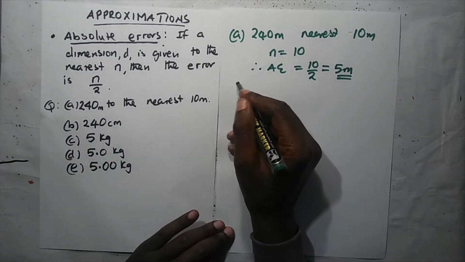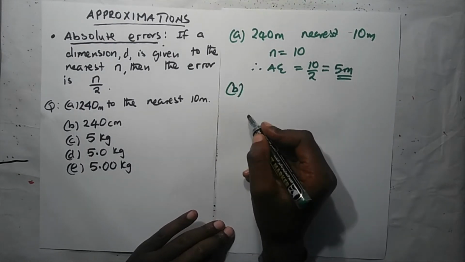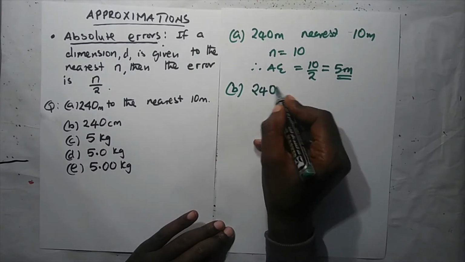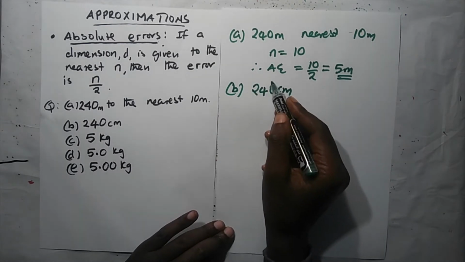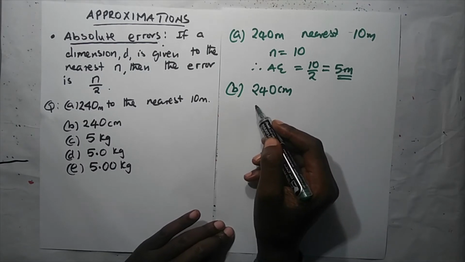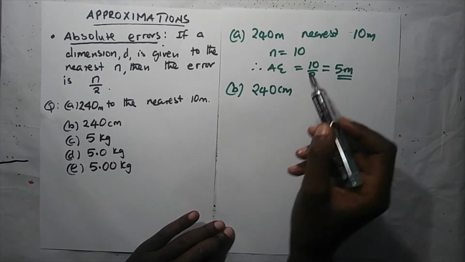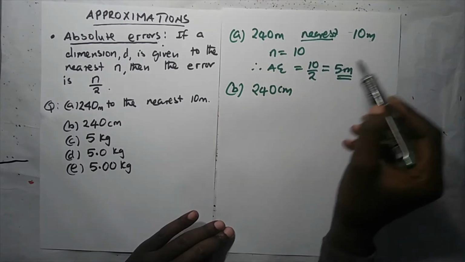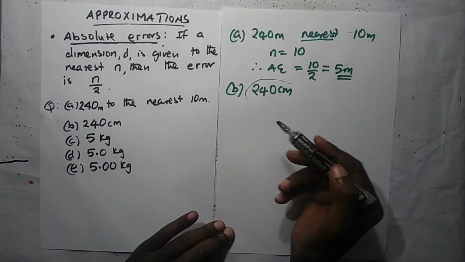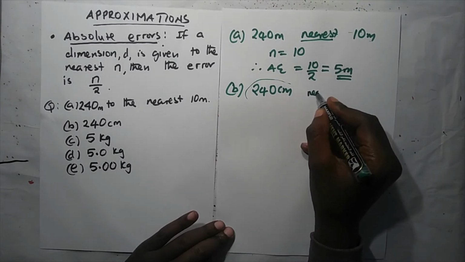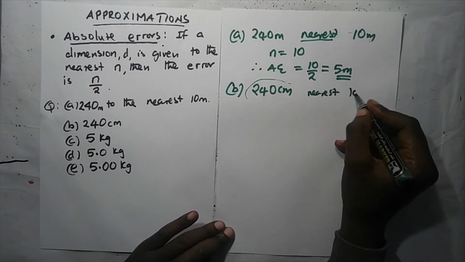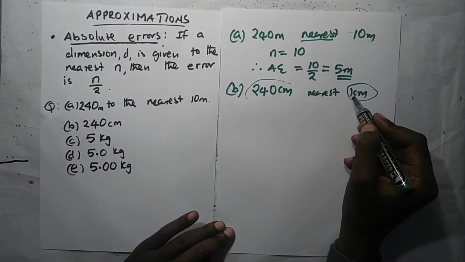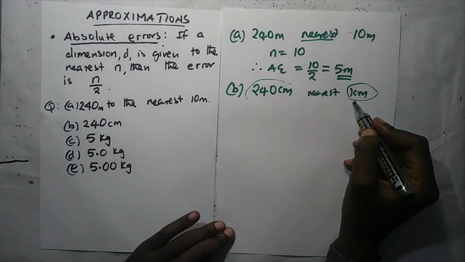And then in the next part of the question, we are asked to find the absolute error in the measurement 240 centimeters. When you are given a whole number like this one, and you are not told, as in the first question, that it's measured to the nearest 10 meters, just know that this one is measured to the nearest 1 centimeter, which we call the least measure.